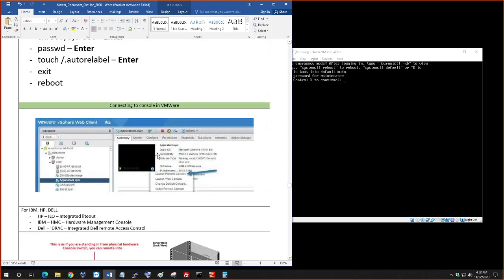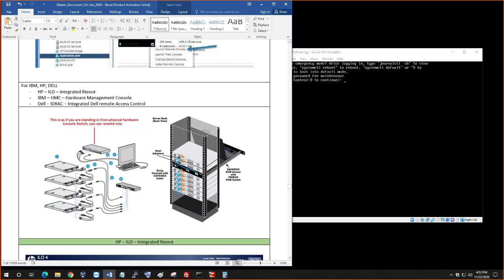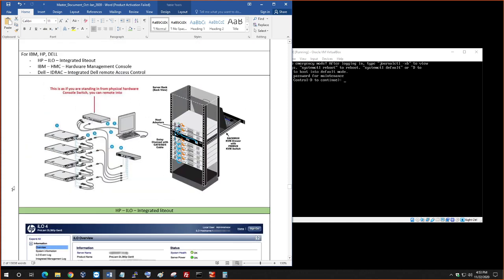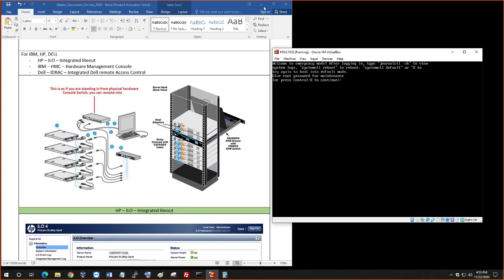It's very easy in VMware. Don't worry about this here, all these things are taken care of by network people. As a system engineer, what you have to do is connect into one of these consoles here, and you will be presented with this screen.